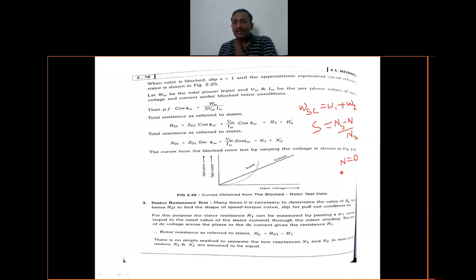In the blocked rotor condition, speed is 0, so substitute n equal to 0 in the slip formula ns minus n by ns, and you will get S is equal to 1.